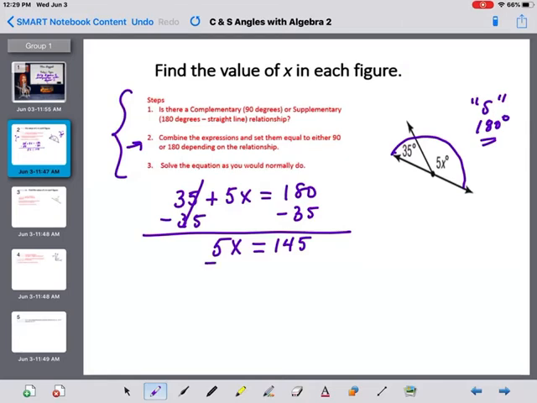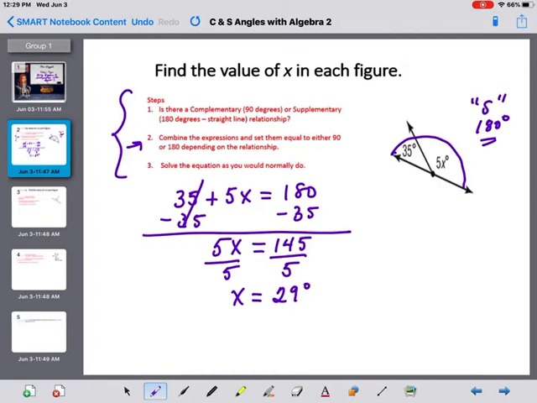We know the inverse of multiplying by 5 on the left is to divide by 5. So I want to divide 145 by 5, and we are going to wind up getting an answer of 29 degrees.